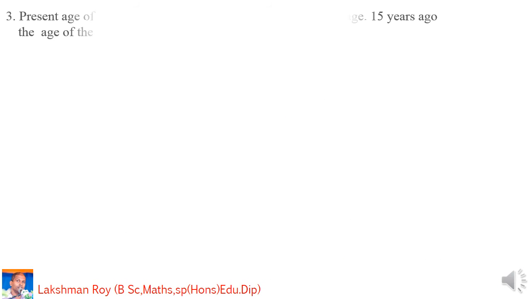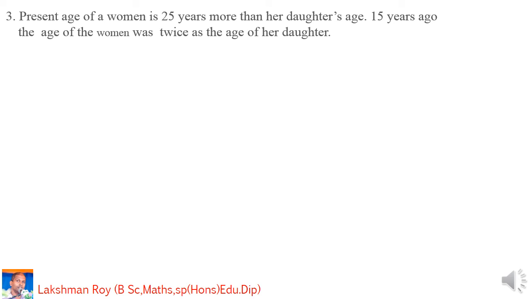Right, now let's see the third example I have taken. The present age of a woman is 25 years more than her daughter's age. Fifteen years ago, the age of the woman was twice the age of her daughter.